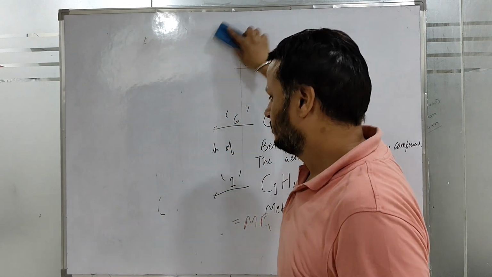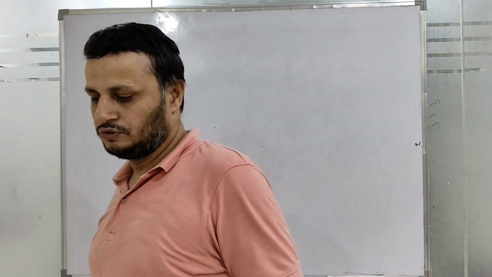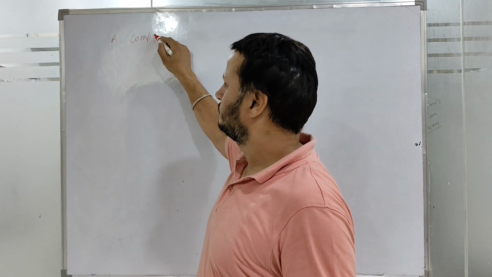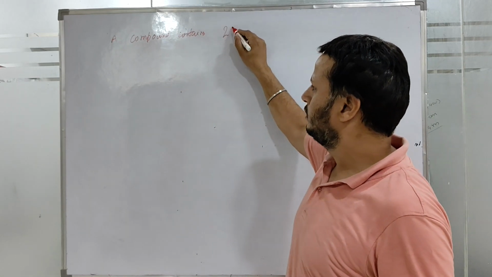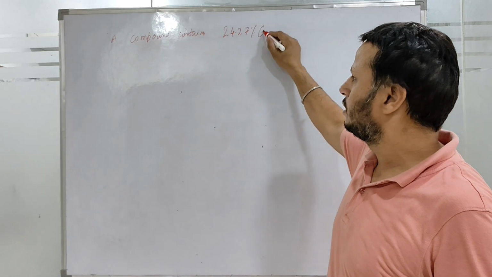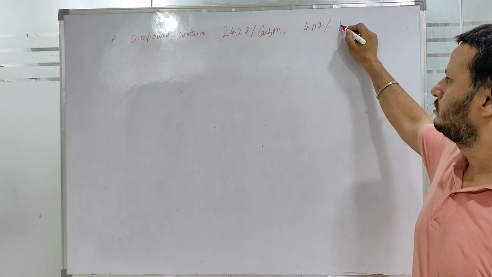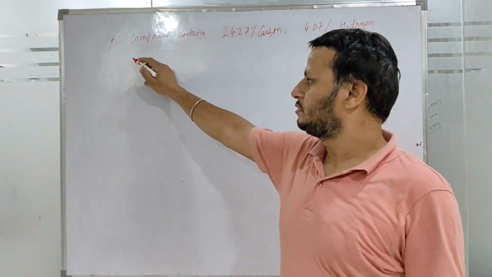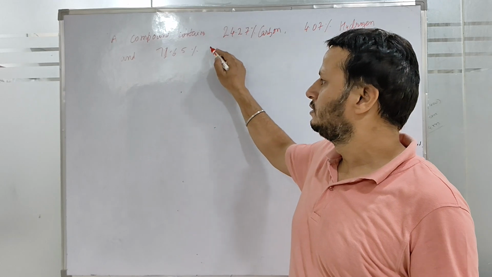Here we are going to discuss one NCERT solved example. So the questions on empirical formula are like this. A compound contains 24.27% कार्बन। कैसे हमें परसेंटेज गिवन होंगी of the elements present in the formula? 4.07% hydrogen and 71.65% chlorine.